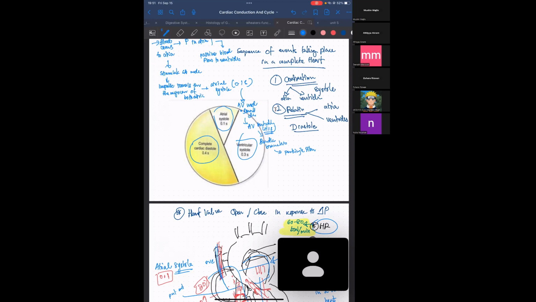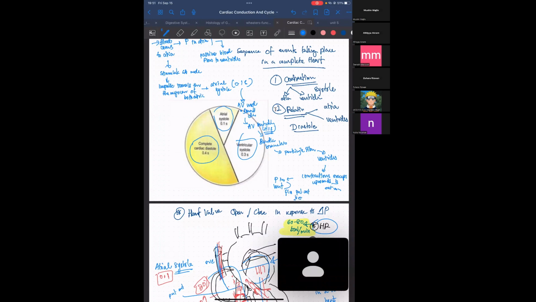Okay, it goes from the apex, it sweeps. Contraction sweeps upwards and outwards. And what happens? The pressure in the ventricles is greater than the pressure in the pulmonary artery and the aorta.